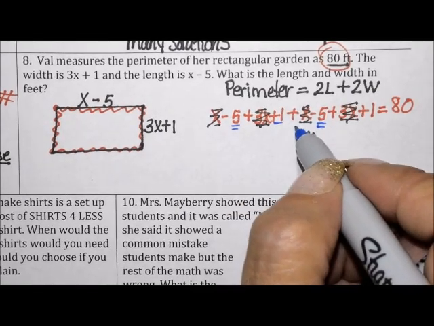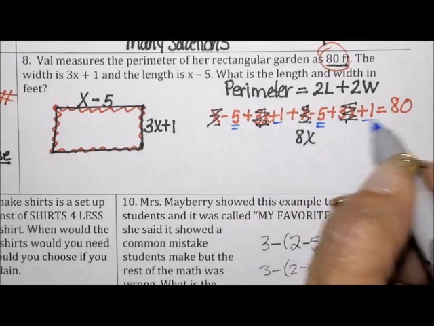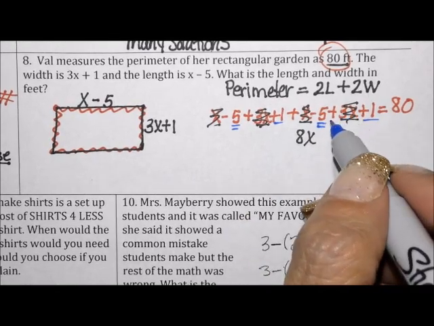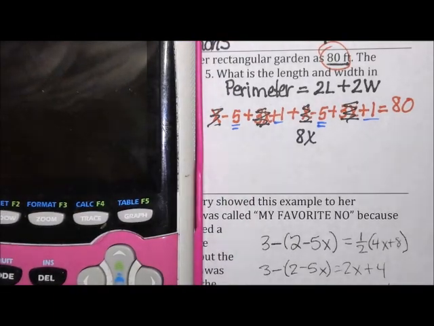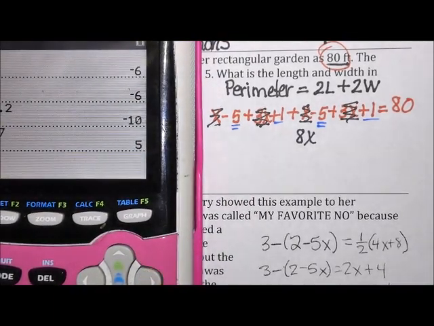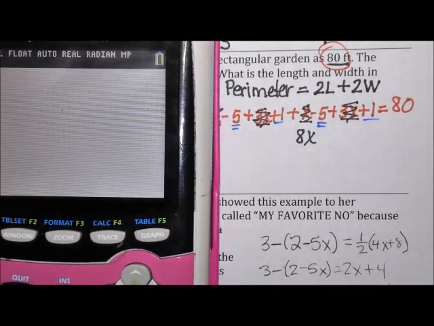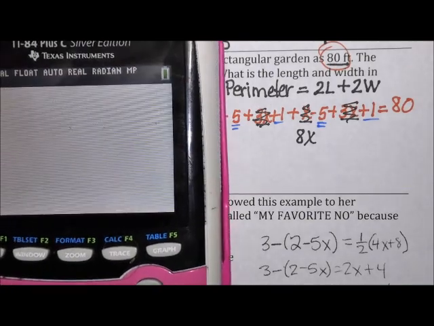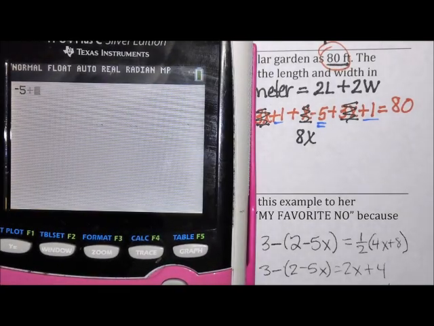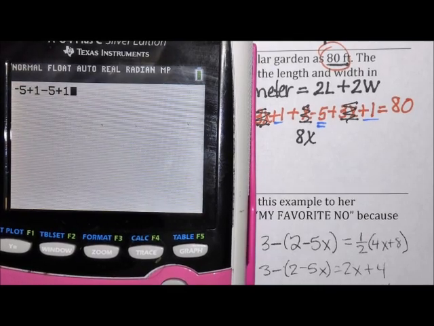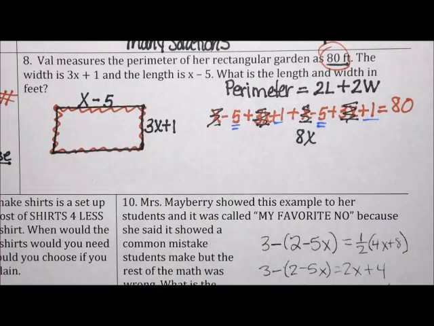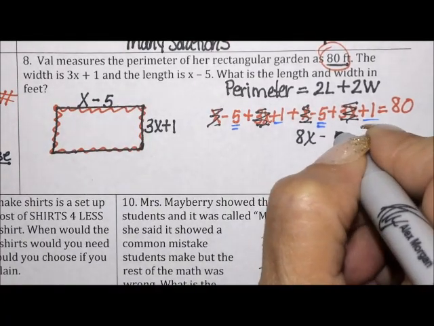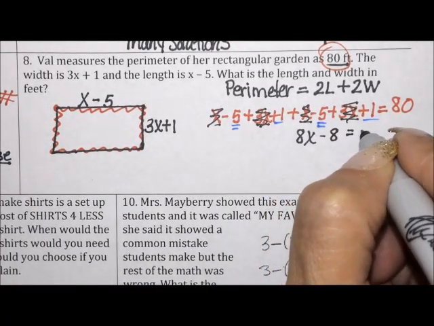Plus 1 would be negative 9, plus another one would be negative 8. Now, if you're like, whoa, that's a lot of math in your head, let's do this. Let's do negative 5 plus 1 minus 5 plus 1. Just put them in your calculator. Negative 8. And it equals 80.